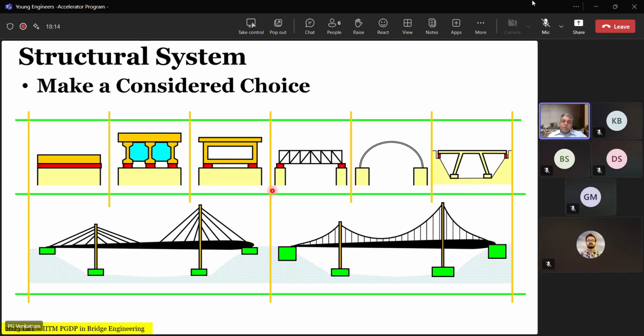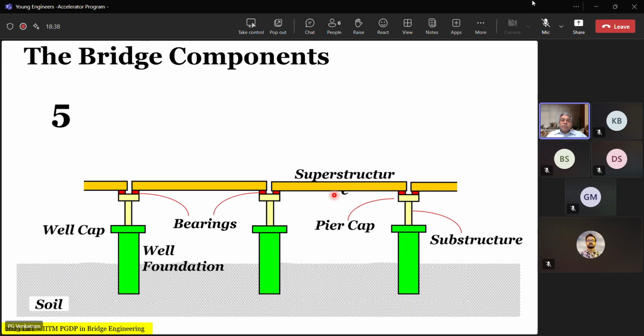You have to make a considered choice whether we have a slab type, girder and slab type, box girder, truss, arch, integral, whatever be the big structure. The structural system itself has to be chosen correctly. After you have made the correct choice, each one of them will have a slightly different requirement for discretization. But in general, you need to model all the components of the bridge inside your analysis model.